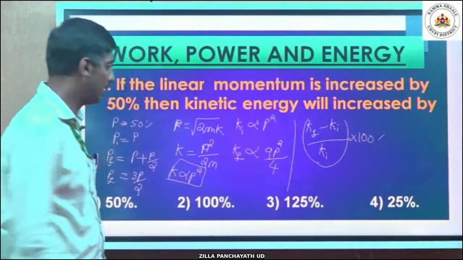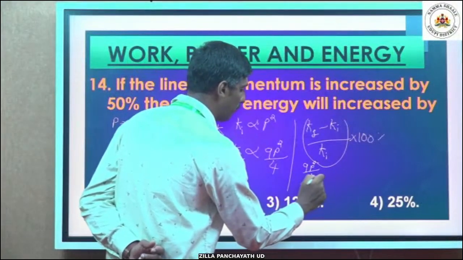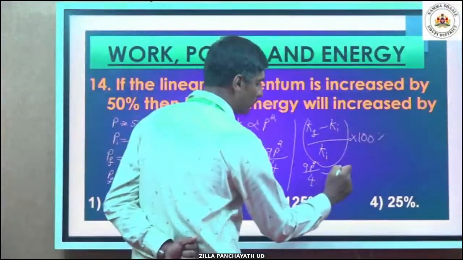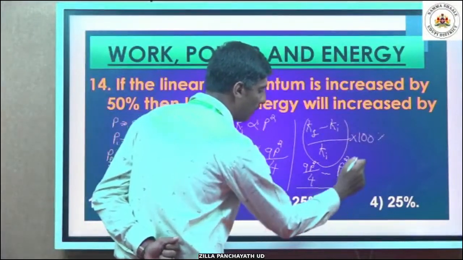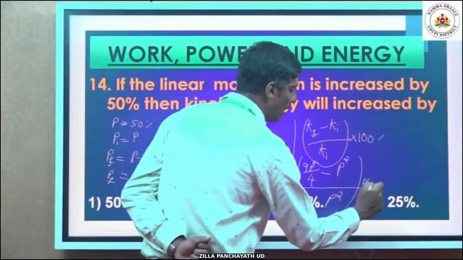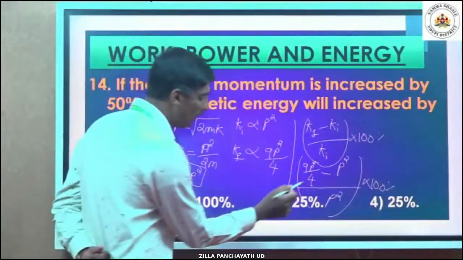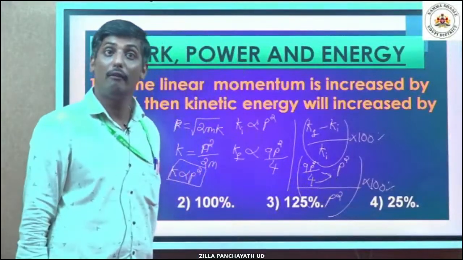So Kf is 9p square divided by 4 minus p square, divided by p square, into 100%. Let us do a cross multiplication here. This is 4, so 9p square minus 4p square will be 5p square.